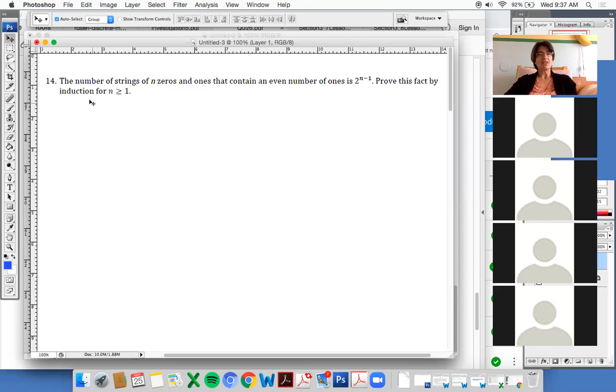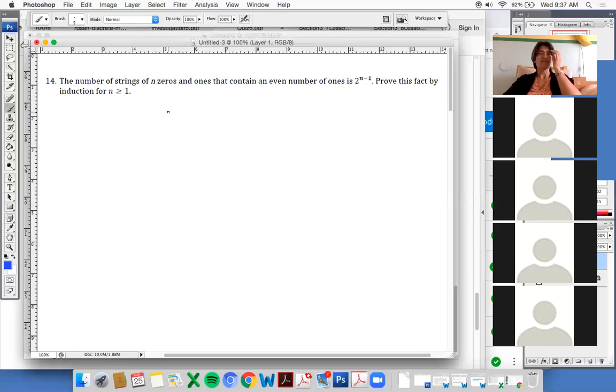Prove this fact by induction for n bigger than or equal to 1. All right, so let's see what this problem is actually saying. We have strings of zeros and ones, right? And we're looking in particular for those strings that have an even number of bits that are ones, right?